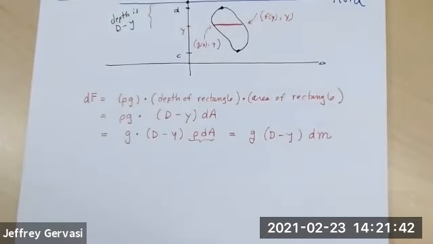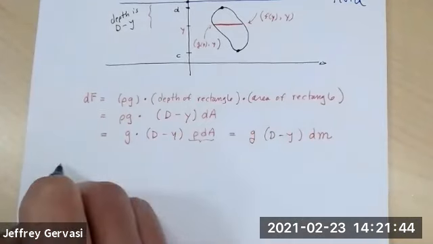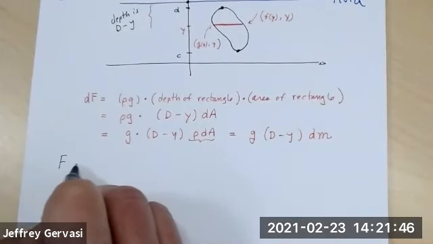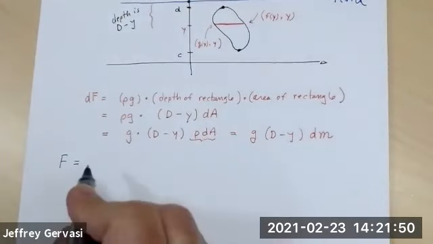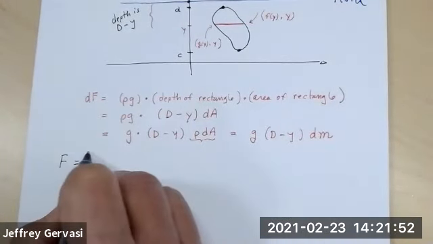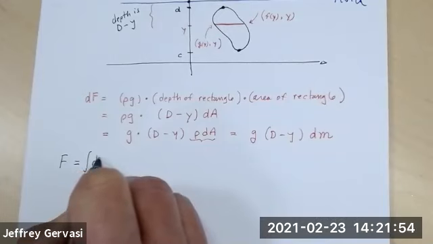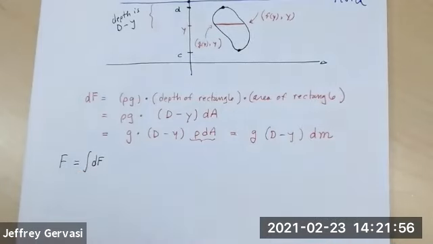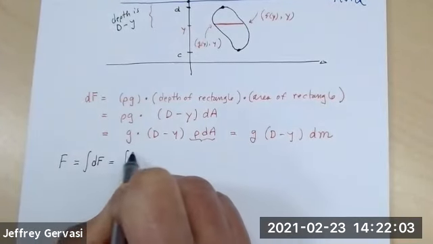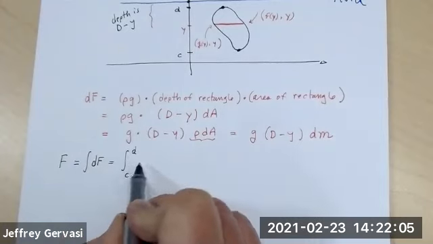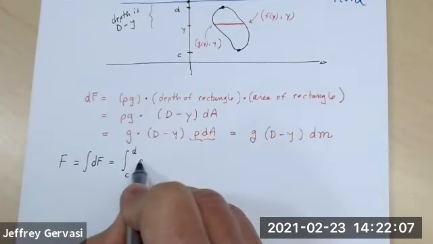Okay, so in any case, the total fluid force on that vertically submerged surface is going to equal the sum of the fluid force on all those differential elements. Now, according to the figure, they're all going to range from C to D, and they're all going to have the same form, namely this expression right here.